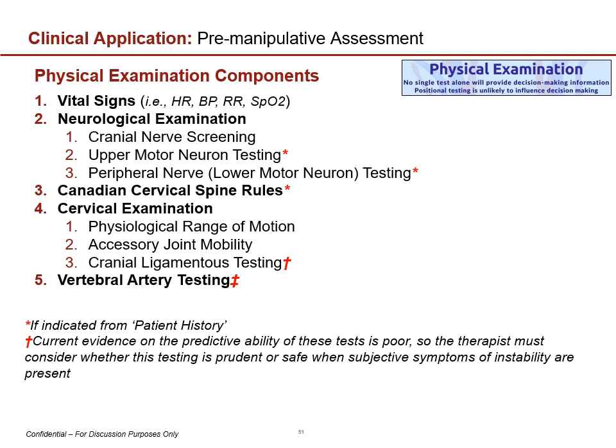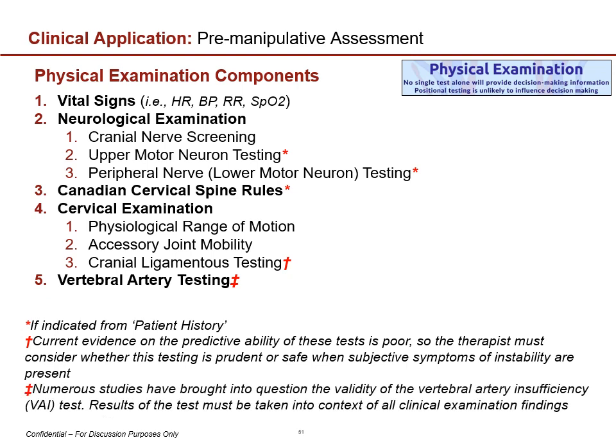Vertebral artery testing. Numerous studies have brought into question, again, the validity of vertebral artery insufficiency testing within the clinical setting. Results of the testing may be taken into context of all clinical examination findings. Once again, it has been described more recently that there's been a move away from it as being the standard of care, from the standpoint that its validity really hasn't held up.